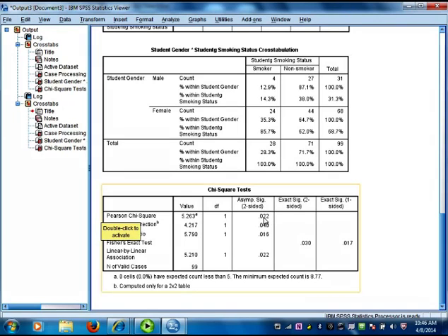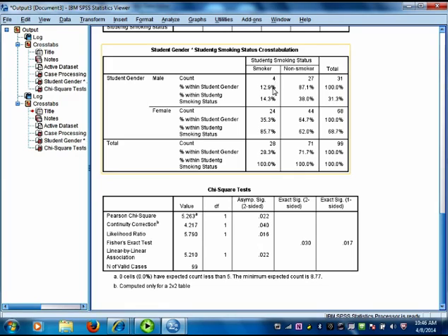So in this case, we can say that there is a gender difference between smokers and non-smokers, and you can tell by looking at this that there is a very large discrepancy between the male group for smokers and non-smokers. 87.1% of the female students are non-smokers, while only 12% of the male students are smokers.